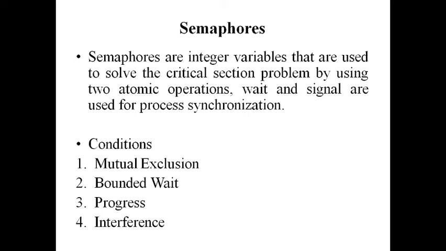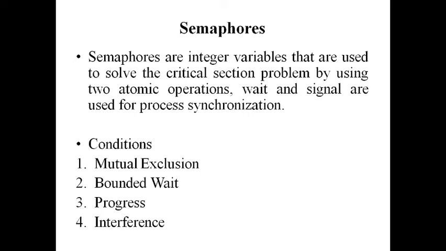If 100 processes want to enter the critical region, it is not the case that the process that entered will stay forever in the critical section while the processes outside have to stay forever outside. A particular time limit will be there. Soon after using the shared variable, the process should come out of the critical section. That is the second condition.